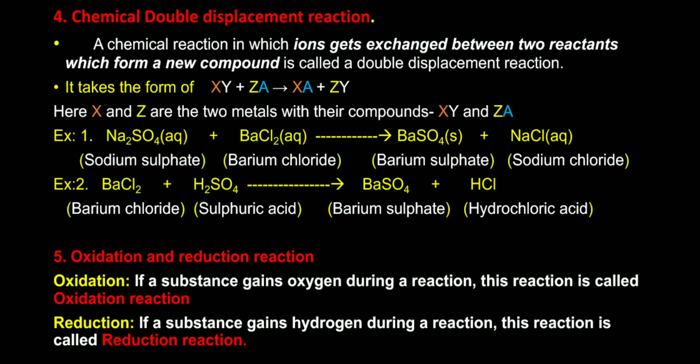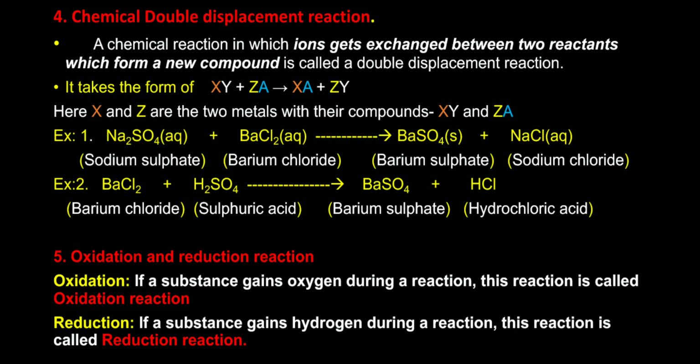Don't confuse these two definitions. Oxidation: if a substance gains oxygen during a reaction, this reaction is called an oxidation reaction. Reduction reaction: if a substance gains hydrogen during a reaction, it is called a reduction reaction.